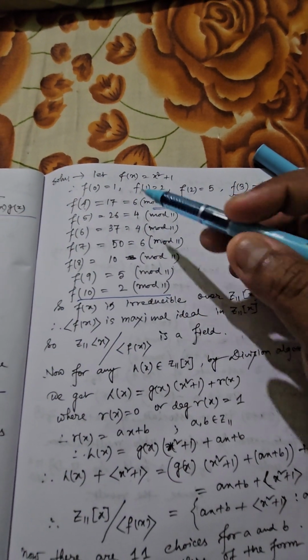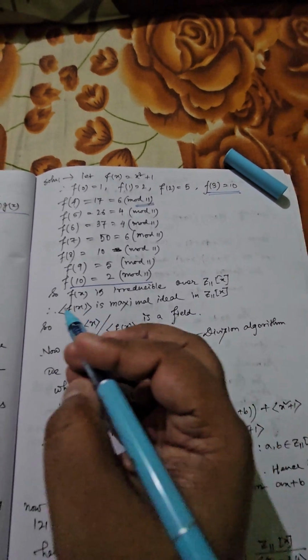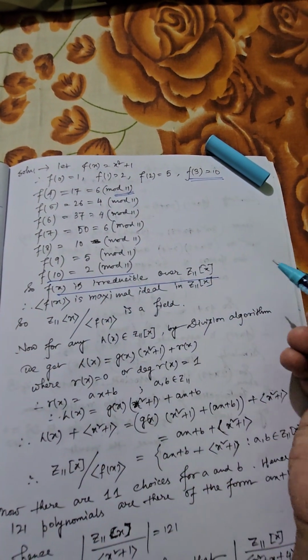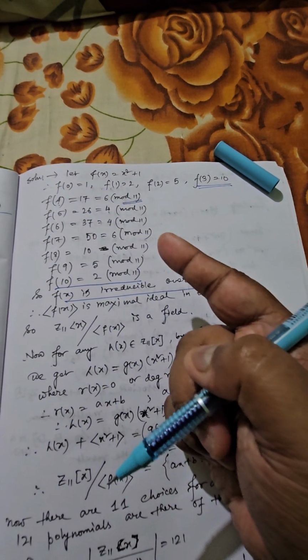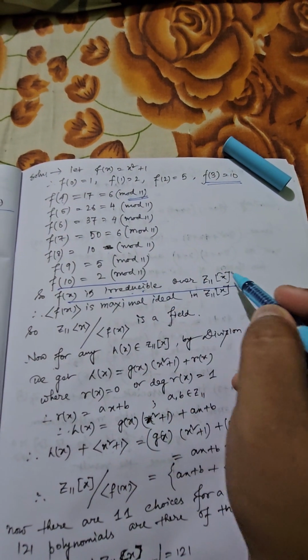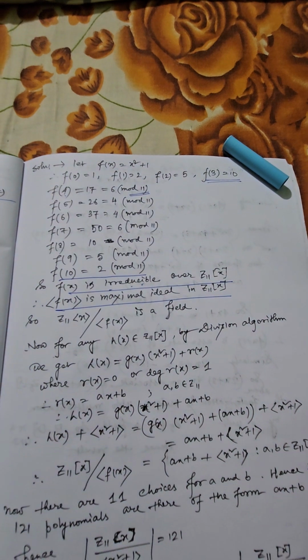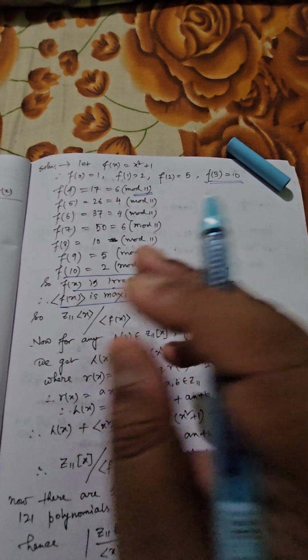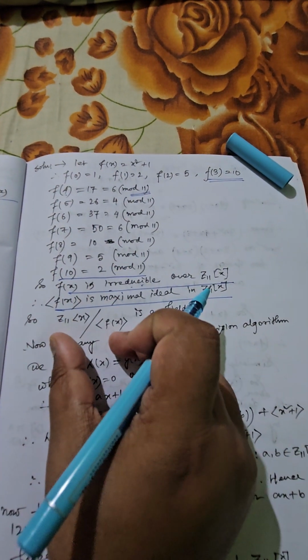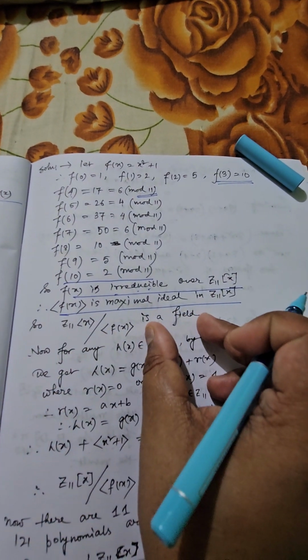Here you can see none of them is equal to 0, so definitely f(x) is irreducible over this. Now remember the previous criteria. Because f(x) is irreducible, by the previous theorem the ideal generated by f(x) must be a maximal ideal, and if it is a maximal ideal, then this quotient is nothing but a field.